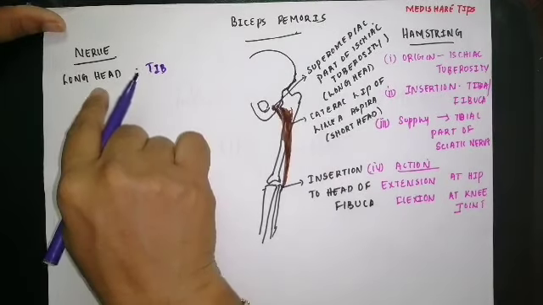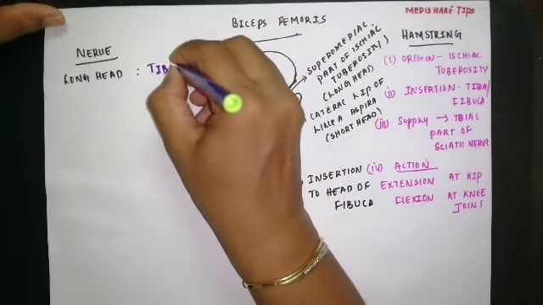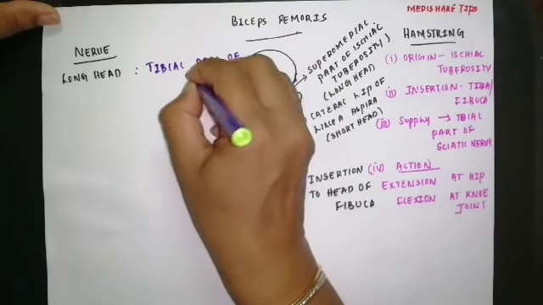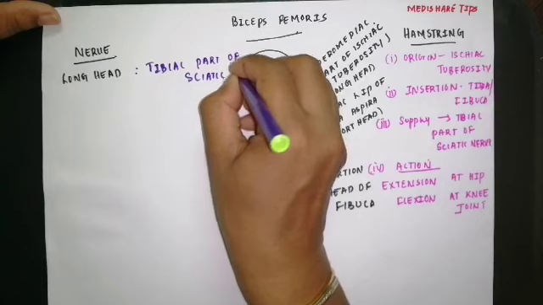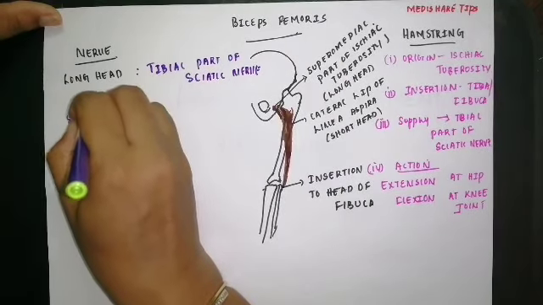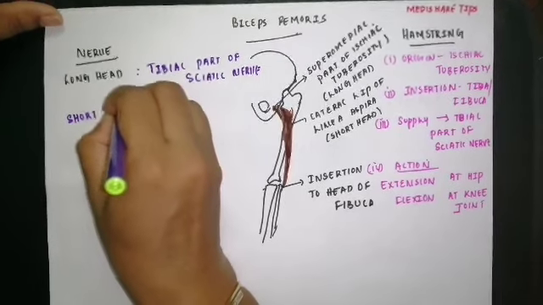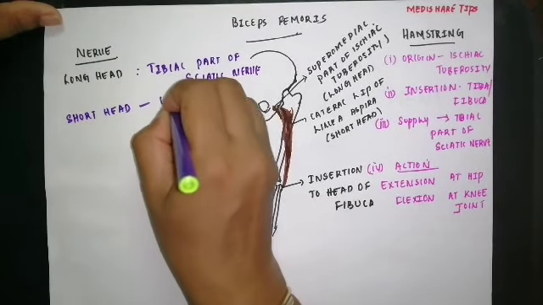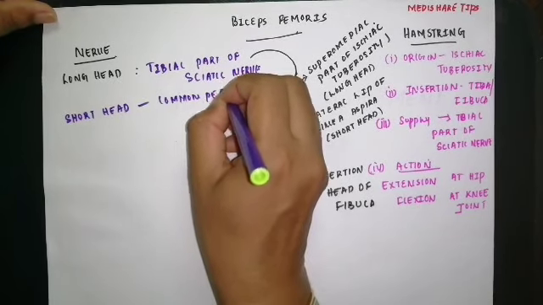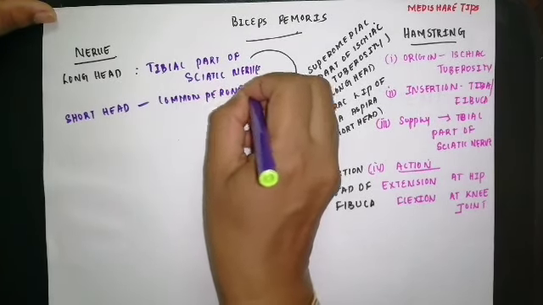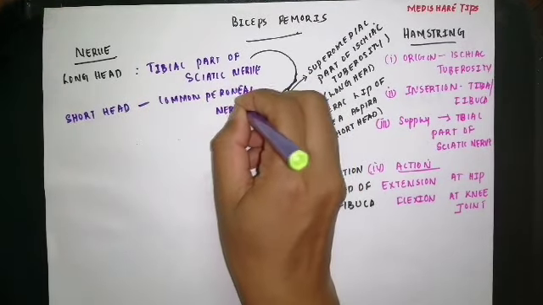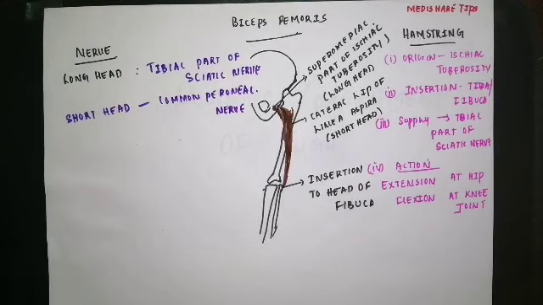Now the long head of biceps femoris is a hamstring muscle, so it is supplied by the tibial part of sciatic nerve. And the short head is supplied by the common peroneal nerve. And short head is not a hamstring muscle. Now the action is very important.